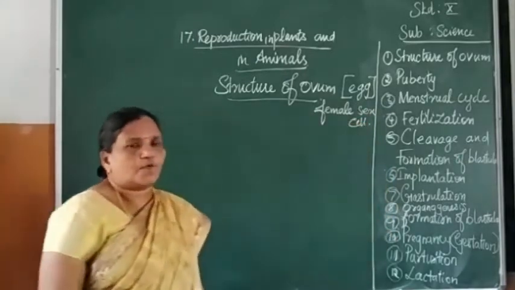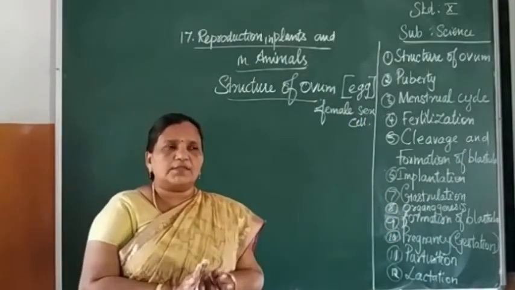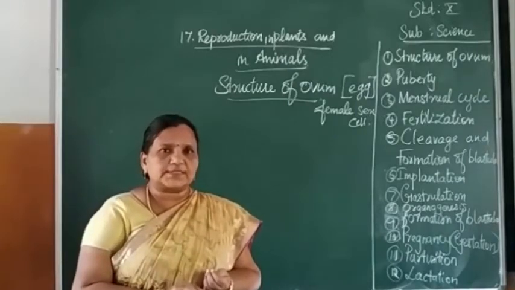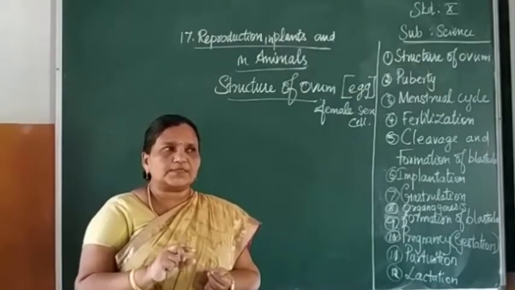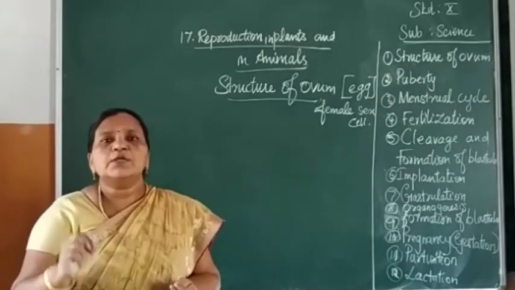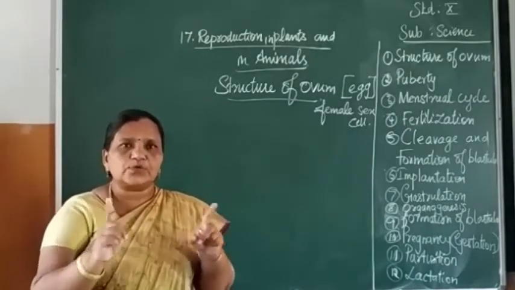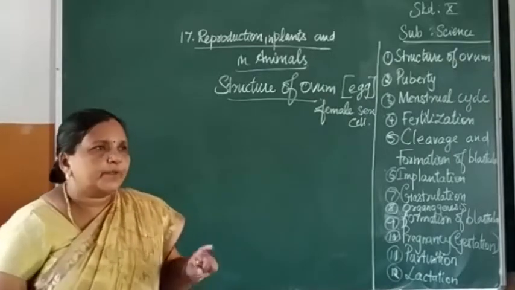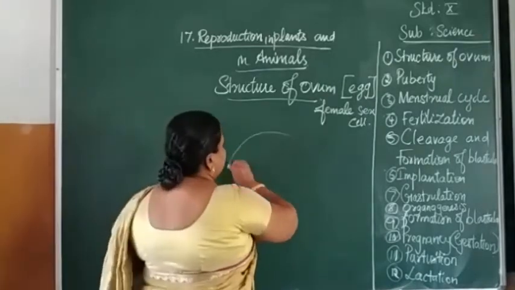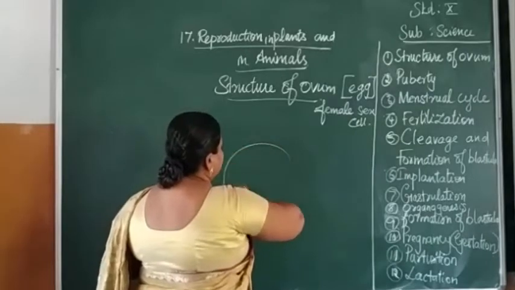The structure of ovum. Already we know all cells have cytoplasm inside, and in the middle we can see the nucleus. So the nucleus is surrounded by the cytoplasm and the cytoplasm is surrounded by the plasma membrane. Here also the same.